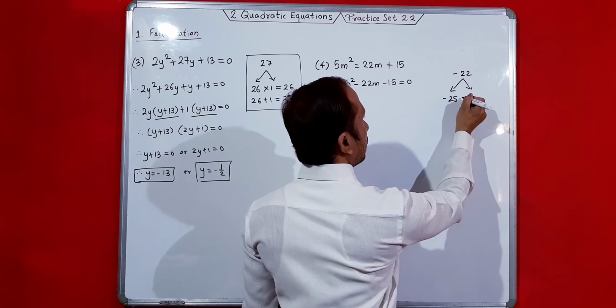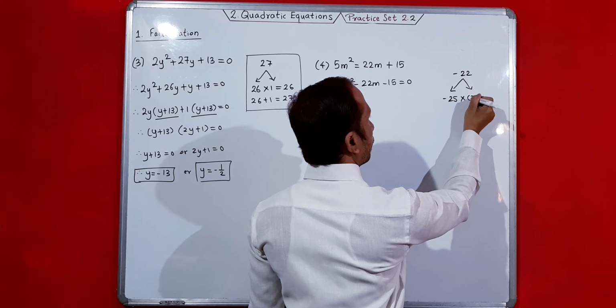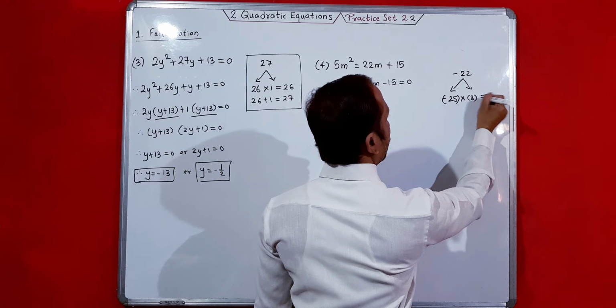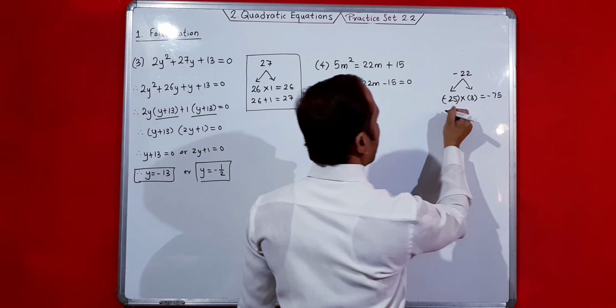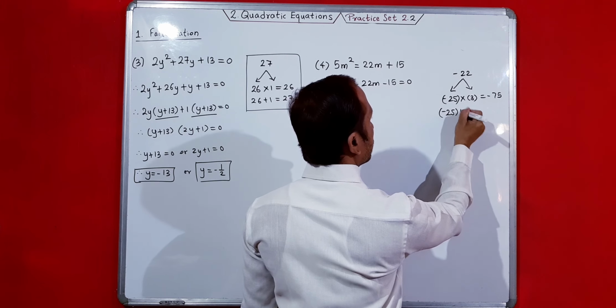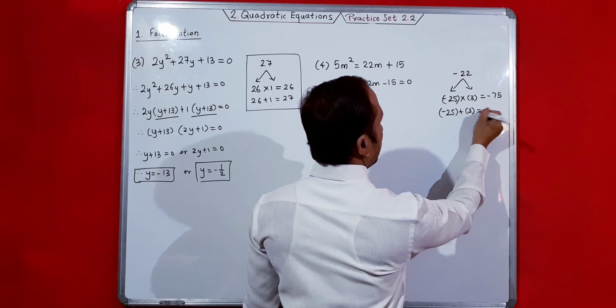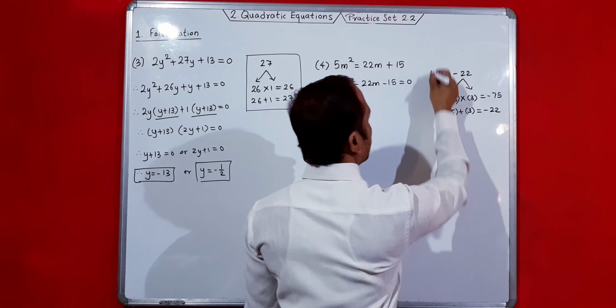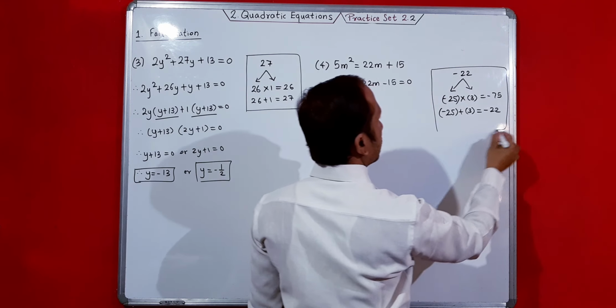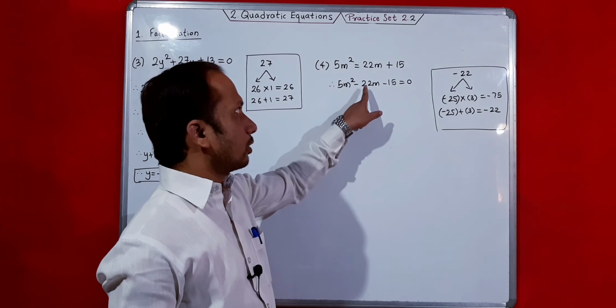So minus 25 into 3. Okay, so it will give you minus 75, minus 25 plus 3. Okay, it will give you minus 22.